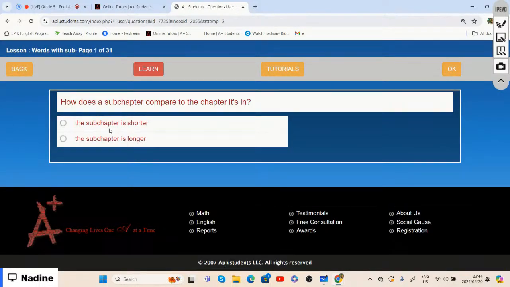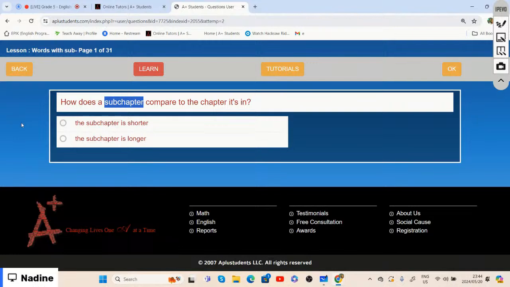So how does a sub chapter, so we have a chapter of a book or a chapter of an article or something, but how does a sub chapter compare to the actual chapter it's in? Can we say that the sub chapter is shorter, or can we say the sub chapter is longer? What do you think?